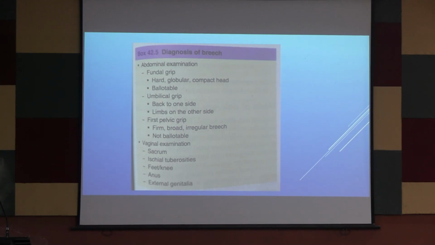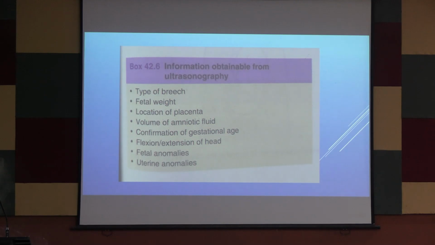The examining finger may enter the anus, and after withdrawing the finger, what will you see? The meconium. But if it goes into the face, that will not be smeared with meconium. External genitalia can be seen or felt by abdominal examination and PV examination.